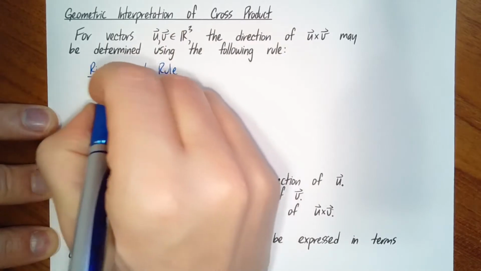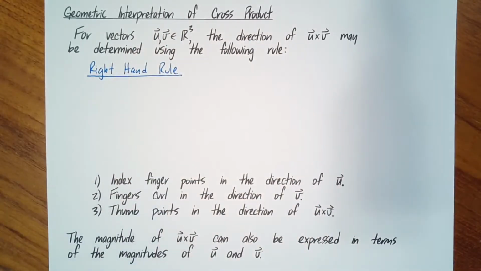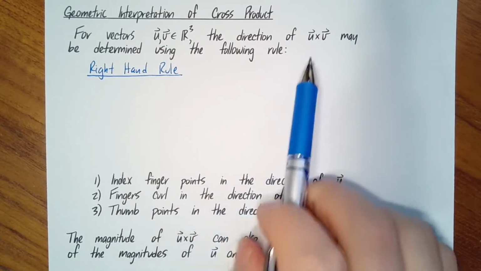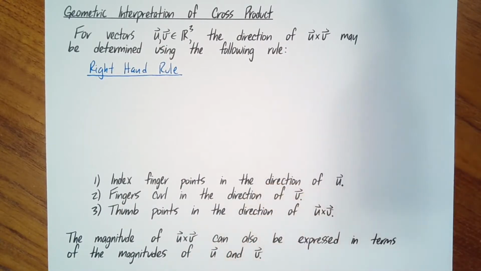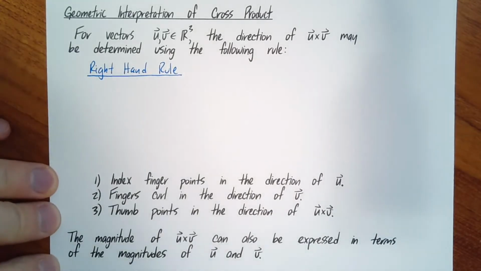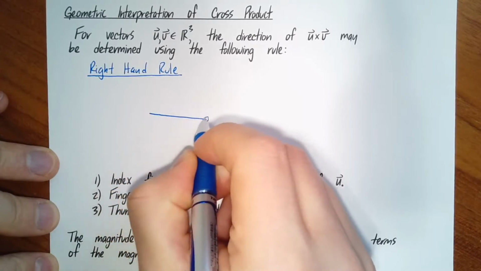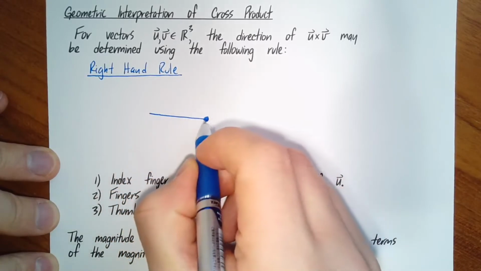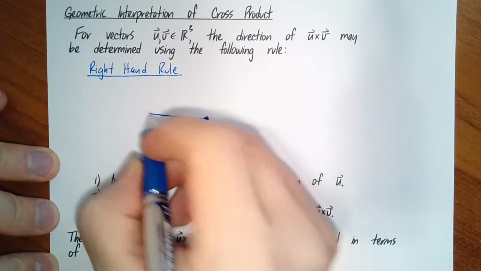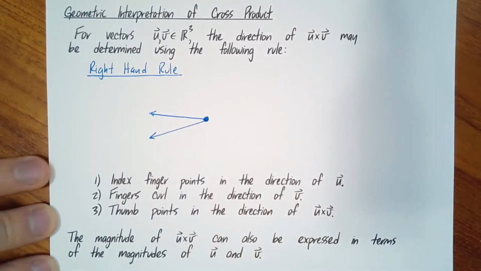Okay, and the way the right-hand rule works is the following. You're going to take the vectors u and v, the ones that you're presumably considering the cross product of over here, and you're going to draw them so that their initial points coincide. And you're going to do it so that they look like this. And this is always possible, although you might have to move your perspective in order to do it.